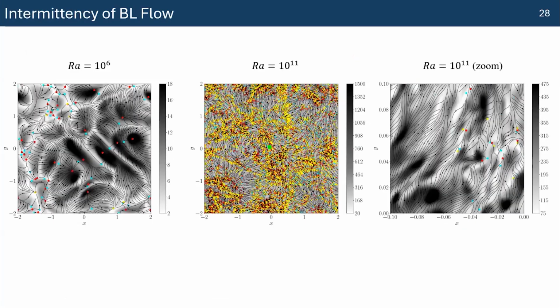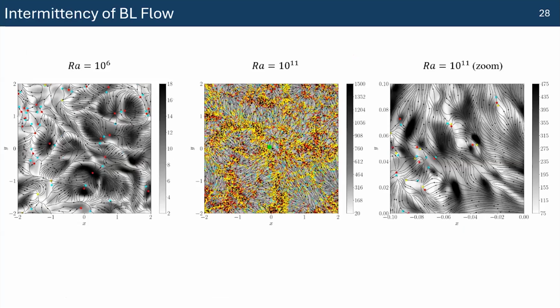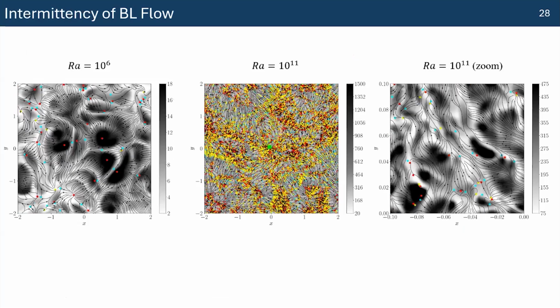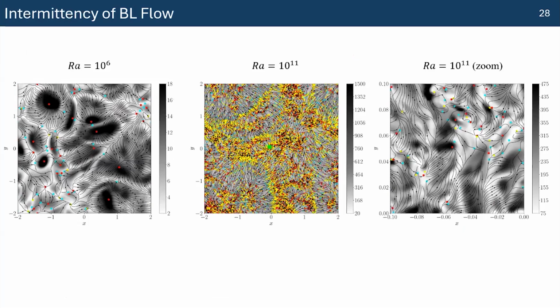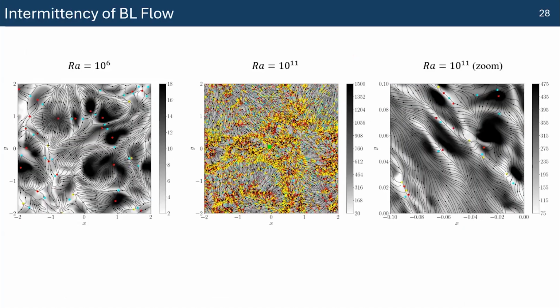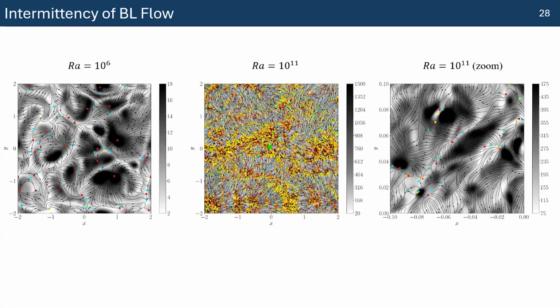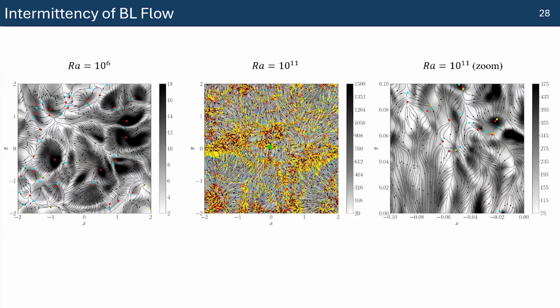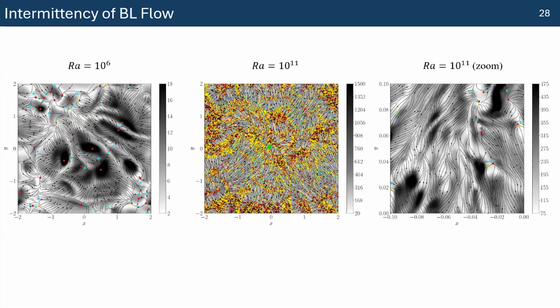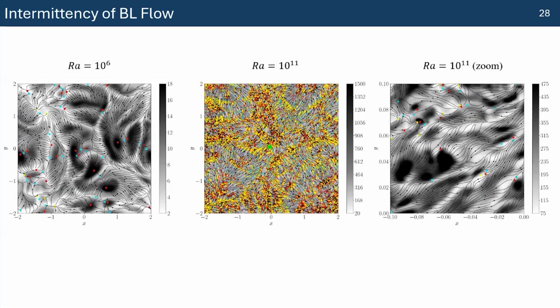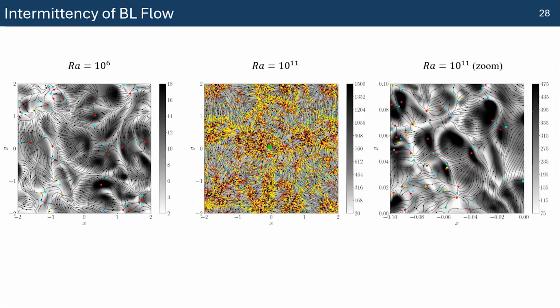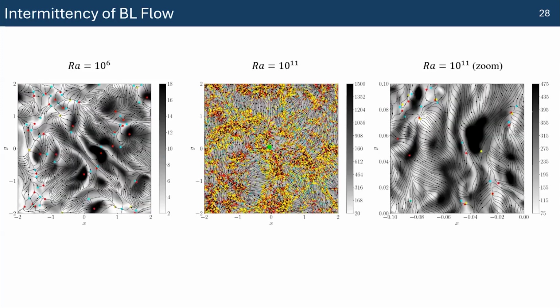And then another thing to note is that this similarity is not uniform over the plate. There is an intermittency to the turbulence on the plate, right? So if we look at the same cell and compare how the flow within that same region varies as compared to the flow over the entire domain for Rayleigh 10 power 6, it's not all similar to what we see in 10 power 6.